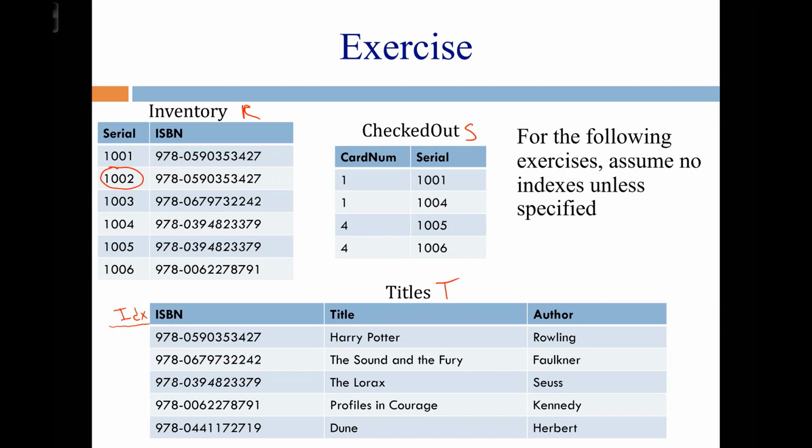So we'd look for it in the checked out table, not find it, then we can skip loading those 3 pages, roughly 3 pages, out of the ISBN index on the titles table.